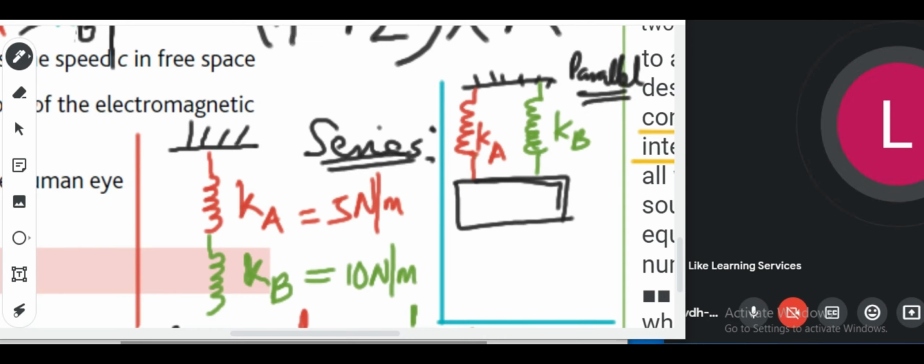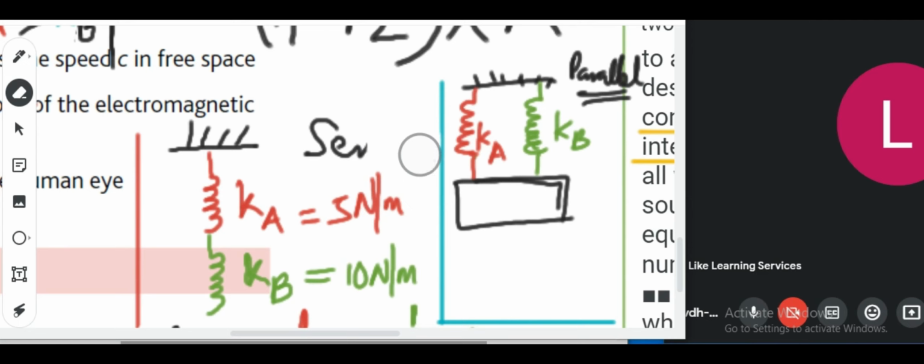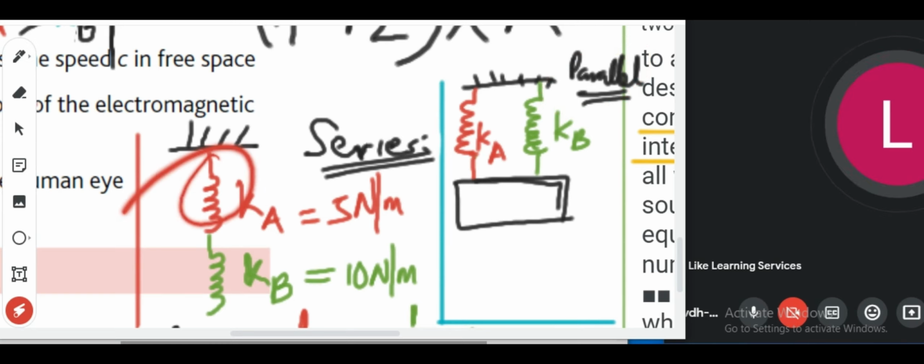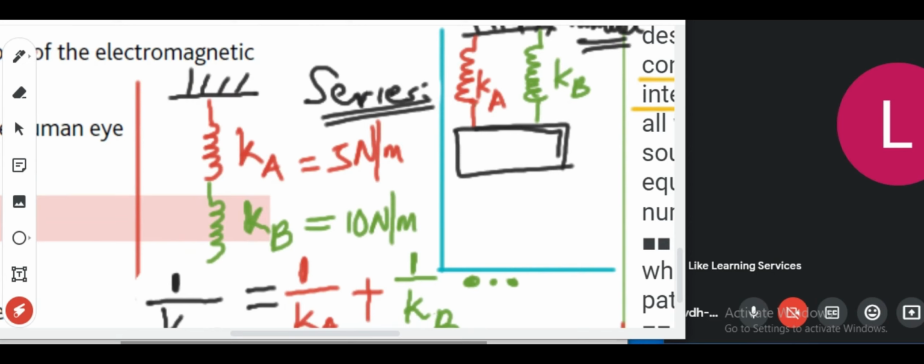Parallel is this way, series is this way. Series, they are connected end to end. One connected from the end of the other. This green one connected from the end of the red one. That's series, end to end. The parallel is across each other.